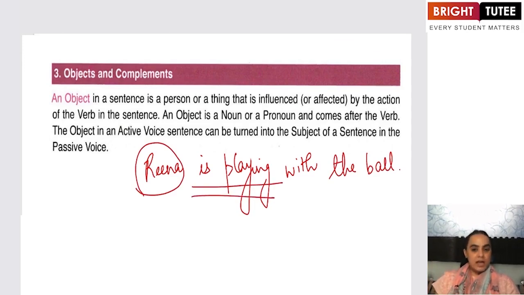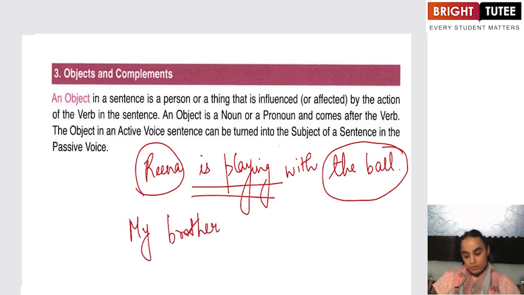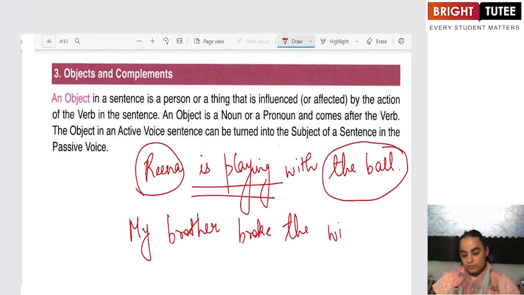Is playing. And what object is my verb affecting? The ball. So, the ball is my object. If I give you another sentence, for example, if I say, my brother broke the window.